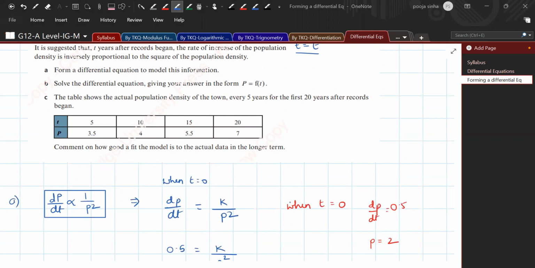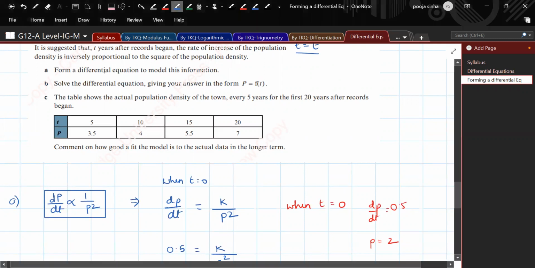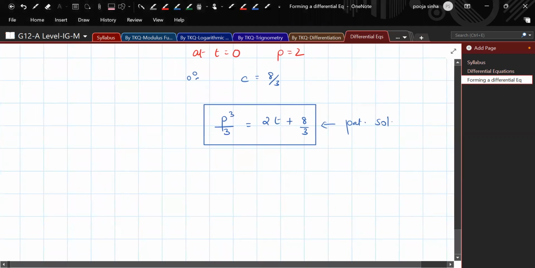We are supposed to just comment. So what do we have to do now? See, you know what your solution is, right? Your particular solution. It's p cube upon 3 is equal to 2t plus 8 upon 3. That's your particular solution. Let's take this.